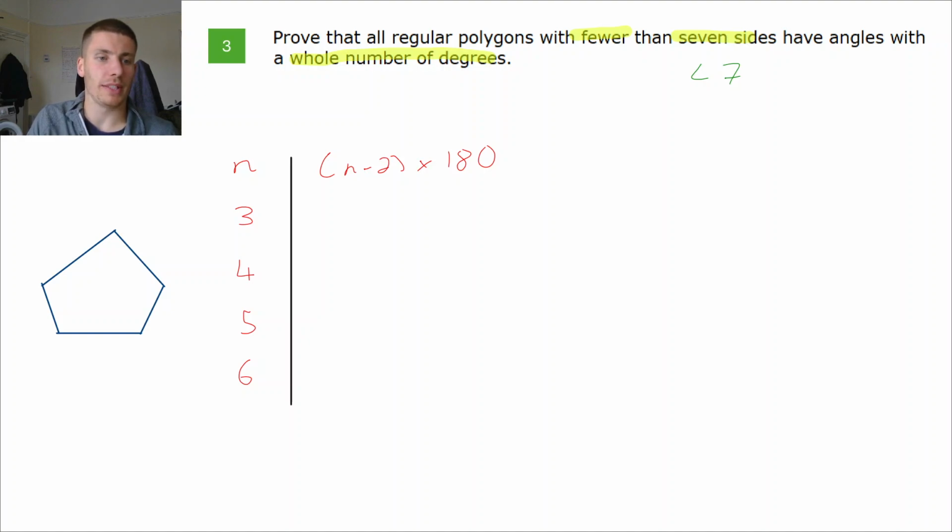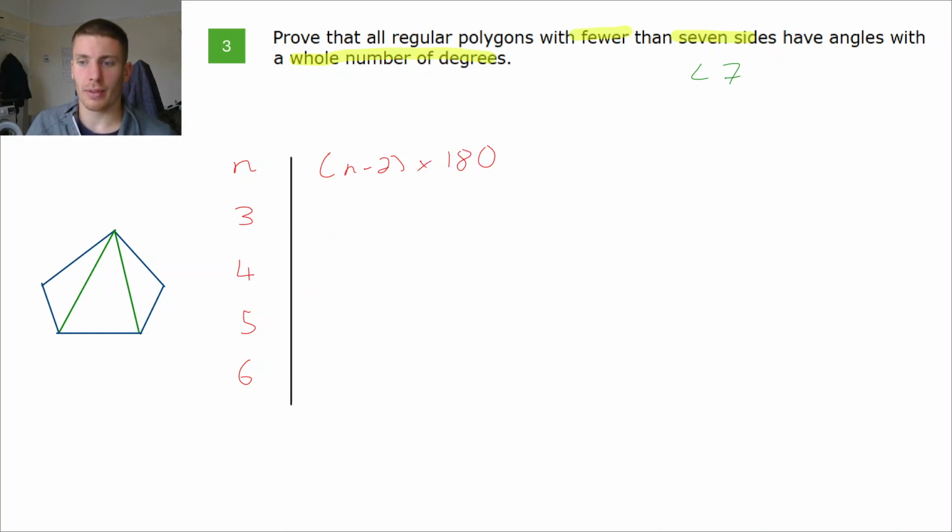From one point, you can make 3 triangles: you can see 1, 2, 3 triangles. So n would be 5, take away 2 gives you 3, times by 180 gives you 540. This is the sum of the interior angles of a polygon. That is just explaining where it comes from a little bit.